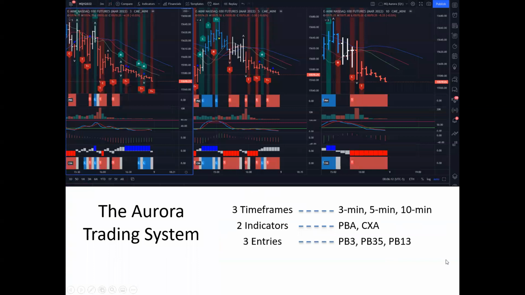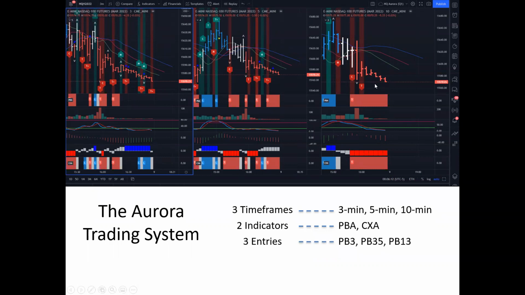So just a reminder and a refresher, just to make sure we're all on the same page here. The Aurora trading system was designed to be trading 3 separate time frames. We have a 3-minute chart, a 5-minute chart, and a 10-minute chart.